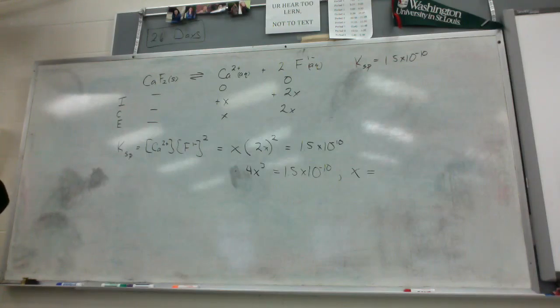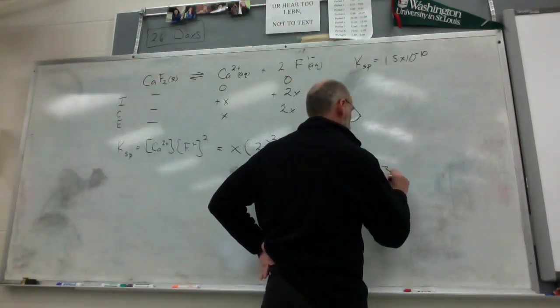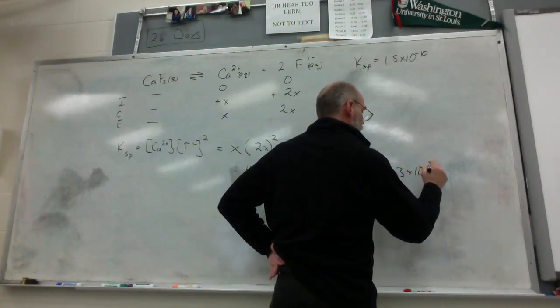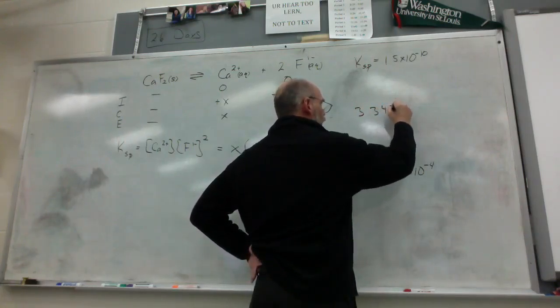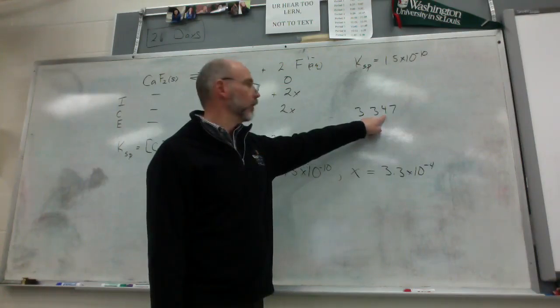Ah, so 3.5. Well, I got 3.347, so that's 3.3. I'll show you why here in a second. Times 10 to the what? Thank you. So you had 3.347, right? We're looking here for rounding purposes.